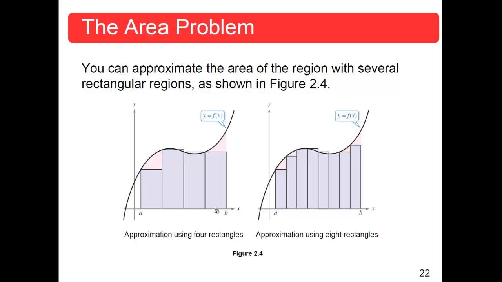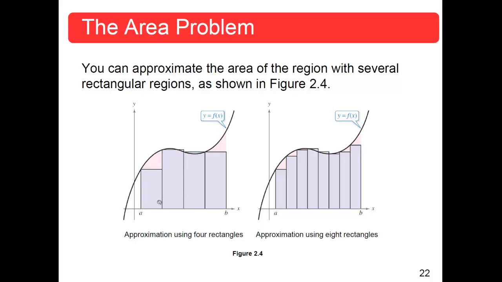But here is what we're going to do in calculus. What if we divide up the x-axis, maybe 4 times, maybe 8 times, and then draw rectangles above those mini sub-intervals, and stop the rectangles according to some rule?